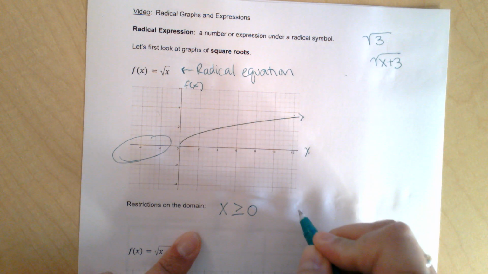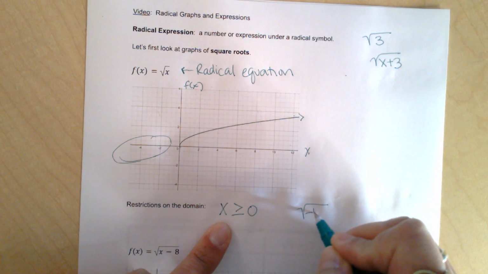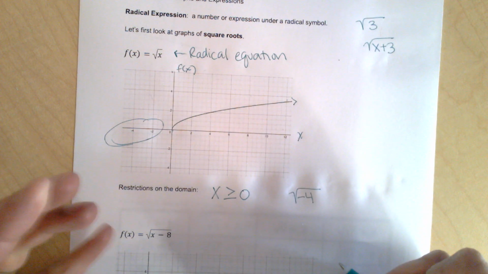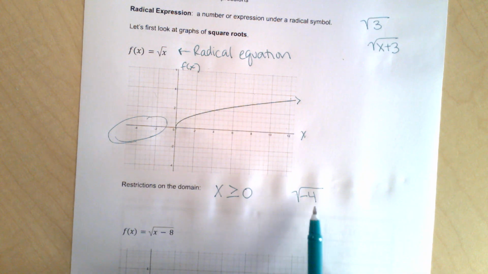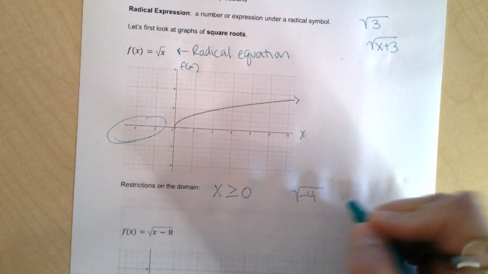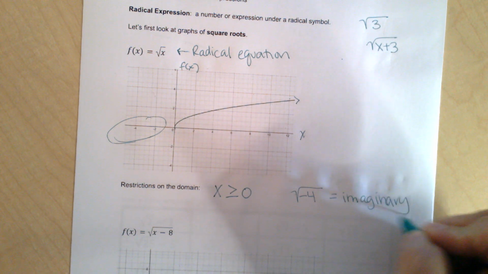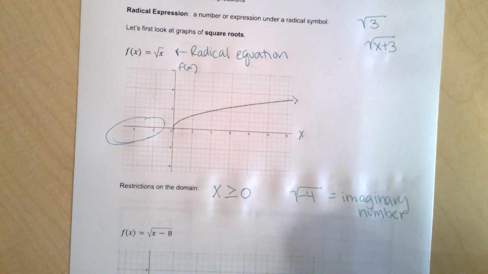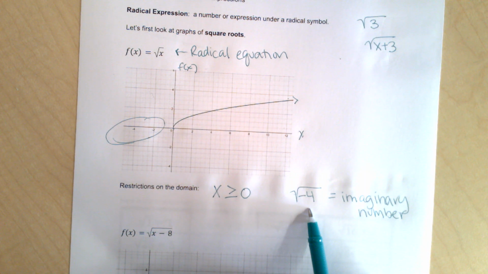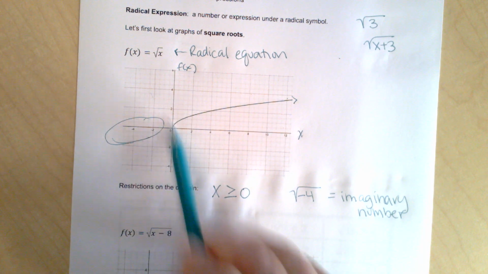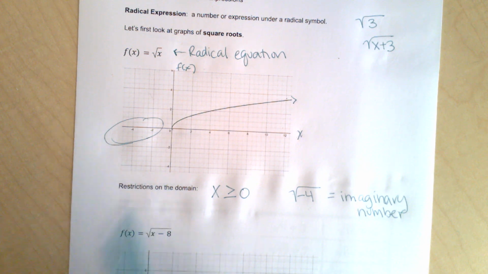So we're not going to have a negative number underneath the square root. Why do you say? Because we cannot take the square root of a negative 4. This is actually an imaginary number. We are going to be getting into imaginary numbers, and so you will see us take the square root of negative 4, but because it's imaginary, it's not on this graph right here.